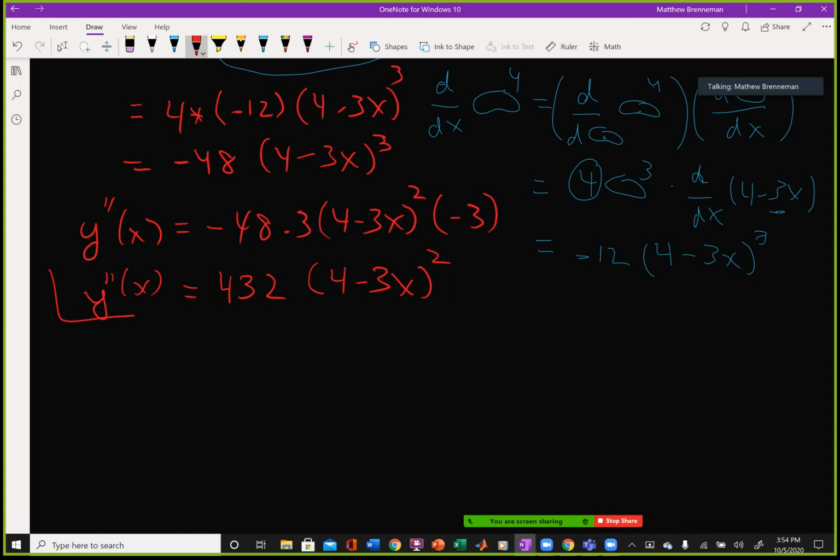And then this will be your final answer. When you have quantities raised to powers, do not expand them. So when you have polynomials raised to powers, don't expand them. We don't want to do that.